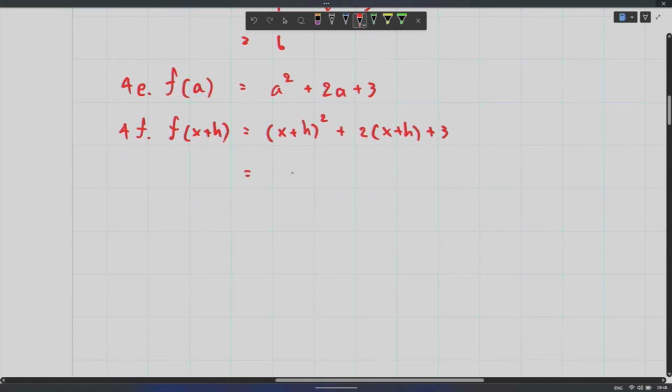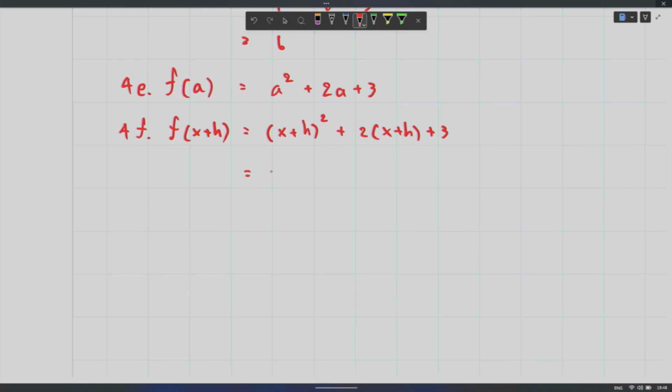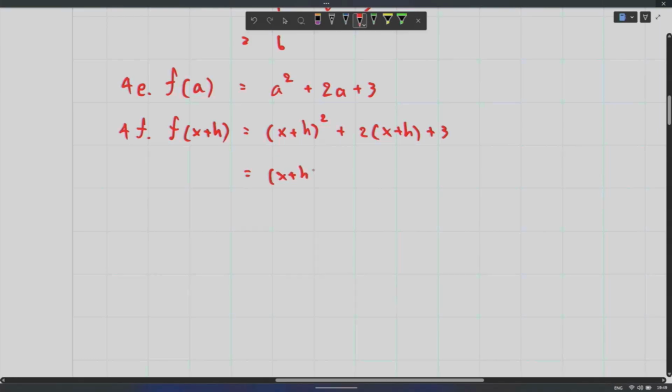x plus h all squared is just x plus h times x plus h.